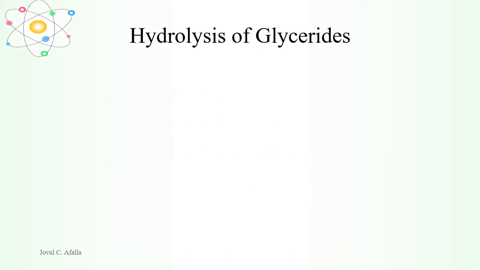If you recall from your organic chemistry, esters undergo hydrolysis. Glycerides are simple esters, except that again, your alcohol is glycerol and your carboxylic acids are fatty acids. So it can undergo base catalyzed hydrolysis, also known as saponification.